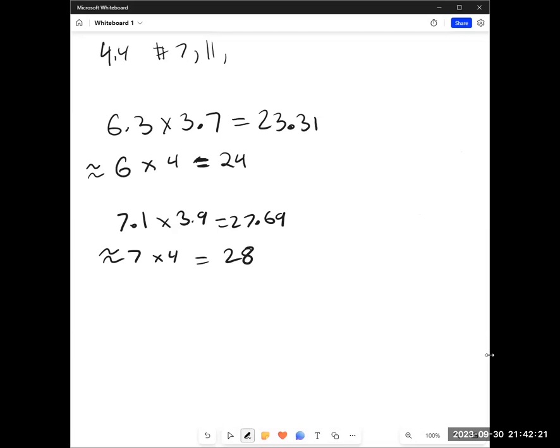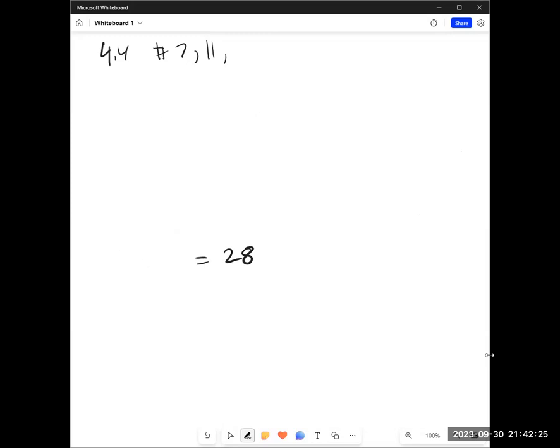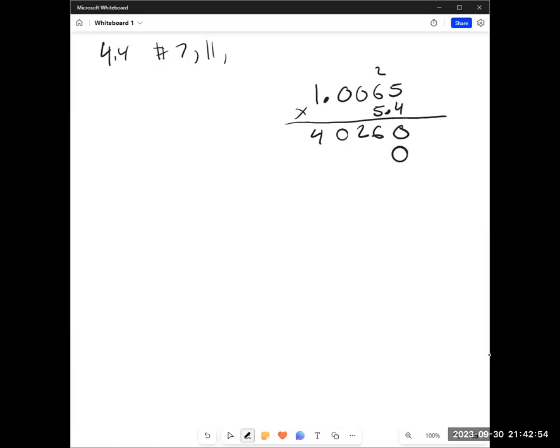Now let's move on to our examples that are like number 11 from the textbook. We have 1 and 65 ten-thousandths times 5 and 4 tenths. It's 20, 24 and 2 is 26. Put a 0 in the ones spot.